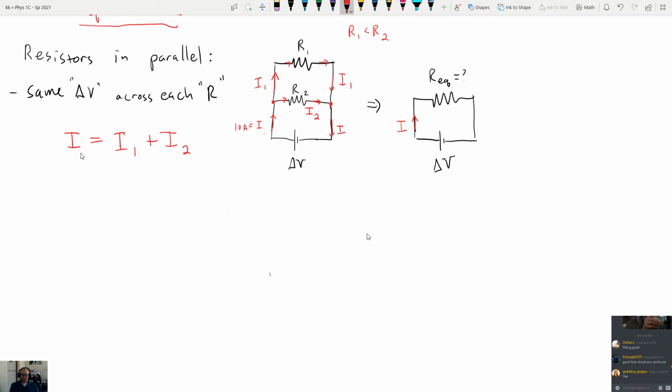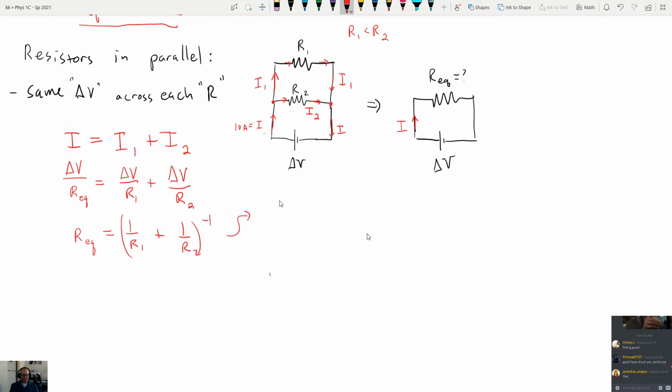So our current I, from our picture on the right over here, should be equal to delta V divided by Req. I1 should be delta V divided by R1, and I2 should be delta V divided by R2. And then we get our equation. Cancel all the delta V's out, and you get that Req is equal to (1 over R1 plus 1 over R2) to the negative 1 power.